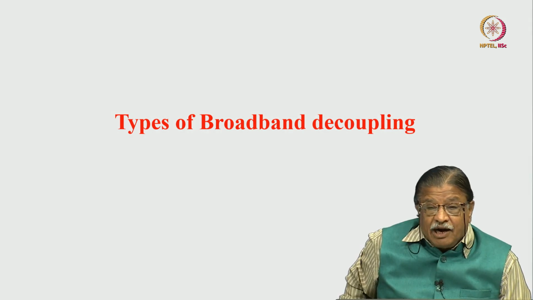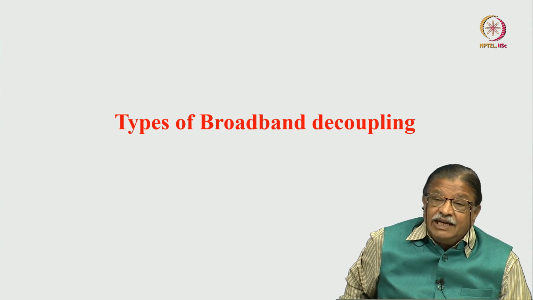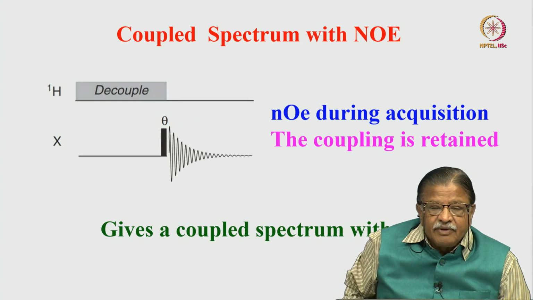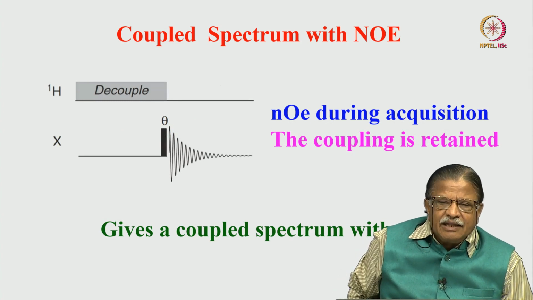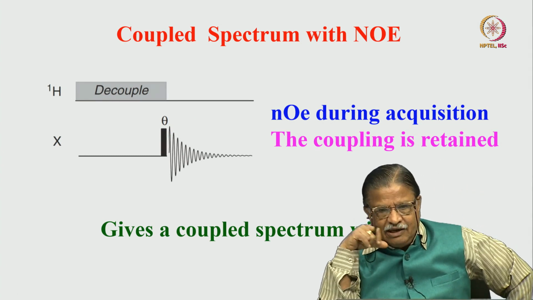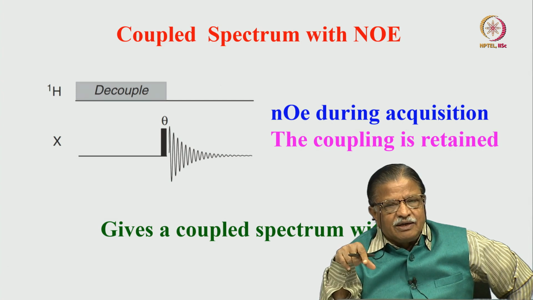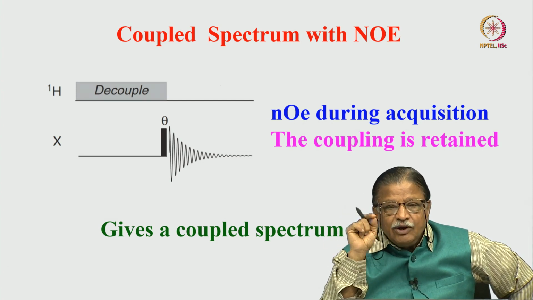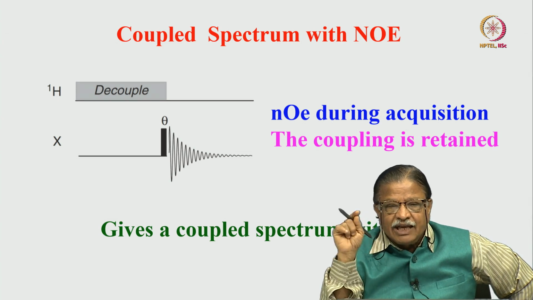This Broadband decoupling can be done in different ways. What are those different ways? First of all, I can acquire the carbon 13 spectrum in different ways. Before going further, I want to tell you one thing. I am using the term NOE, meaning nuclear Overhauser effect.